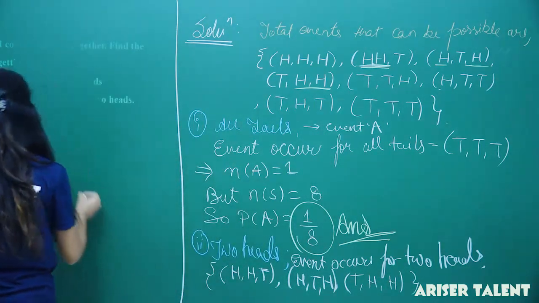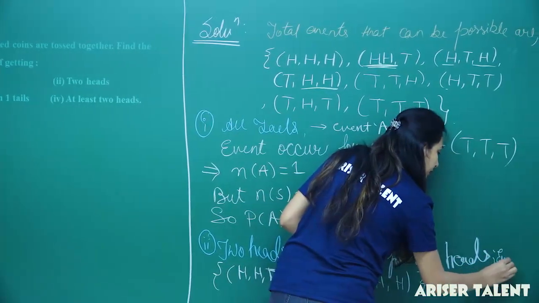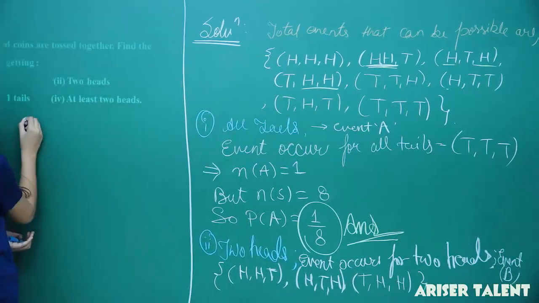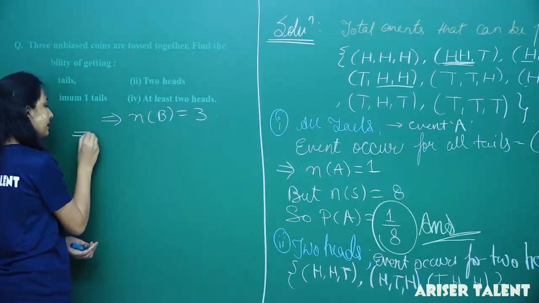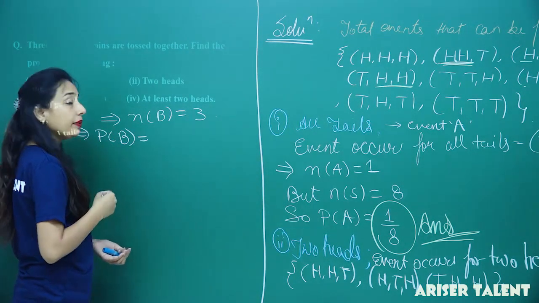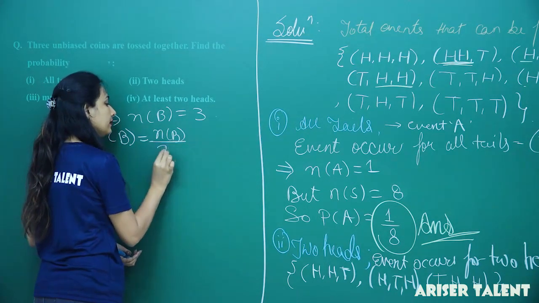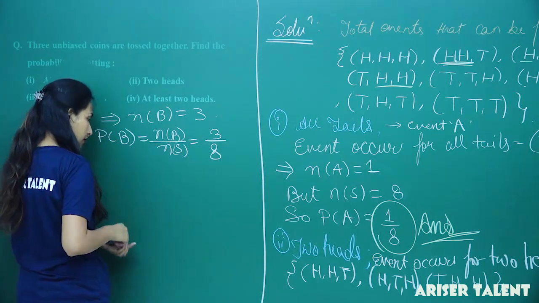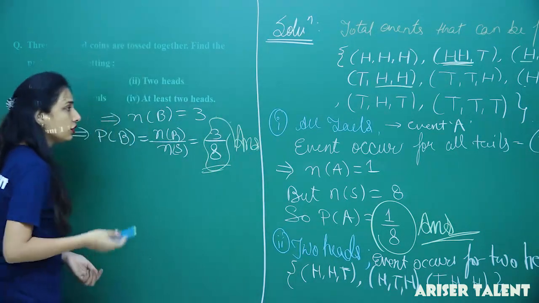That means if this is event B, then n(B) equals 3. This implies that the probability of event B happening is n(B) by n(S), that is simply 3 out of 8. So this will be your answer for the second one.